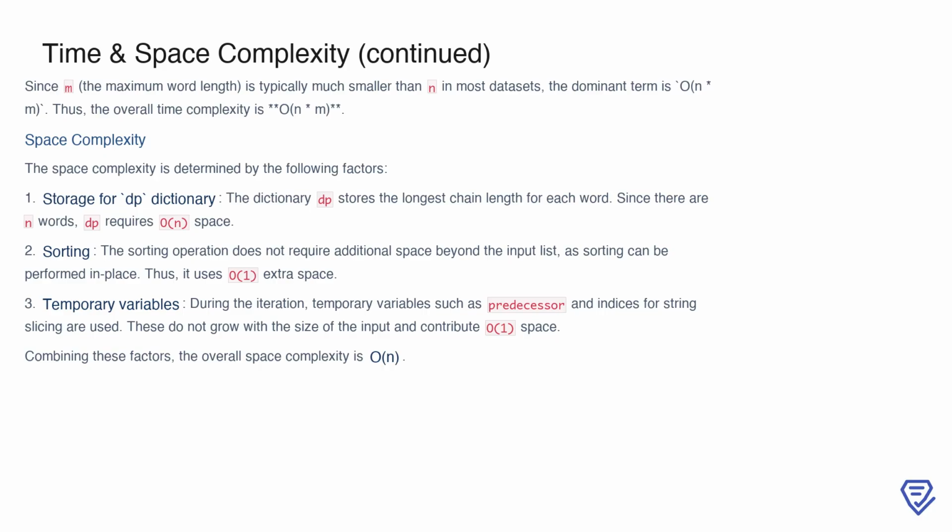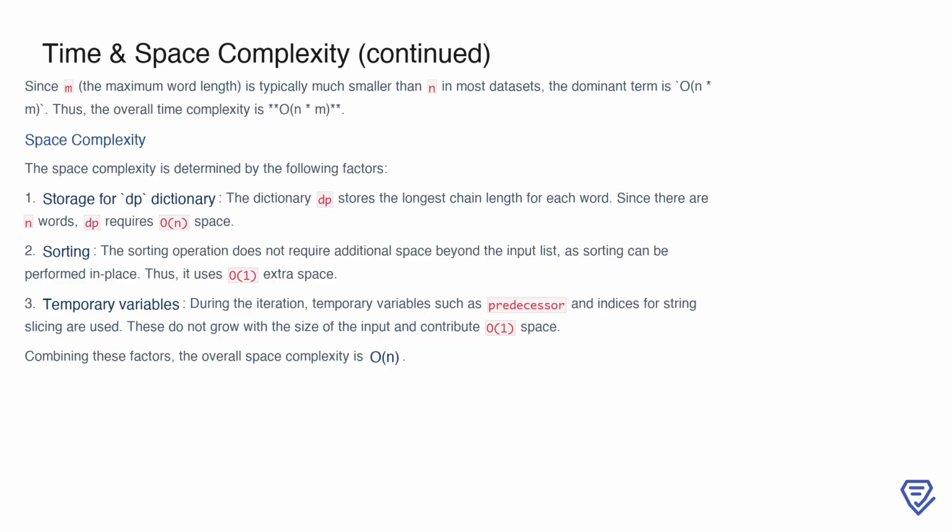Now, we focus on the dominant term of the time complexity. Since the maximum word length, m, is generally much smaller than the total number of words, n, the n*m term dominates over n log n in most cases. Hence, the overall time complexity simplifies to n*m.